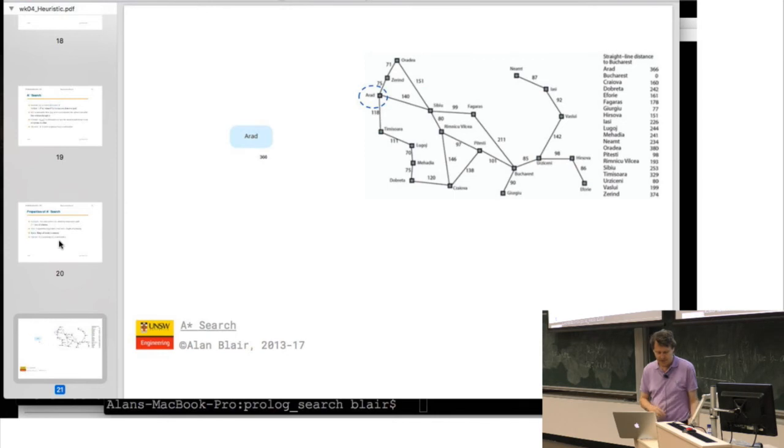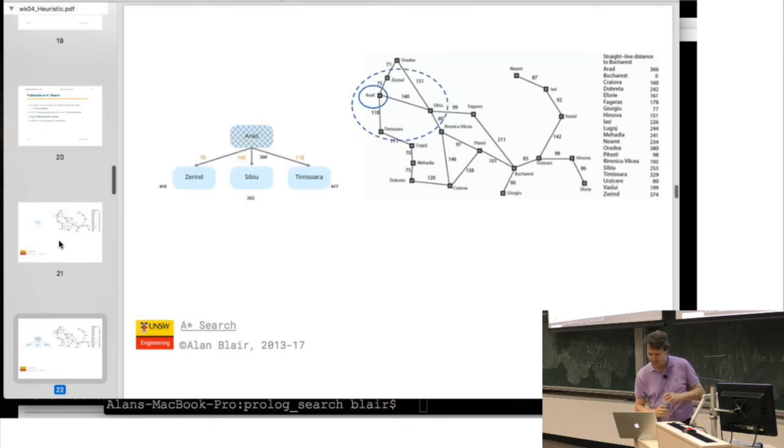Okay, so let's look at an example of this. Now, I know these numbers are a little bit small, but what I've done here is the numbers in red are the path length, and the numbers in black are obtained by adding the path length to the straight line distance.